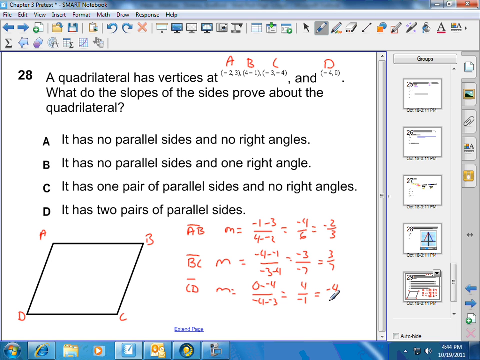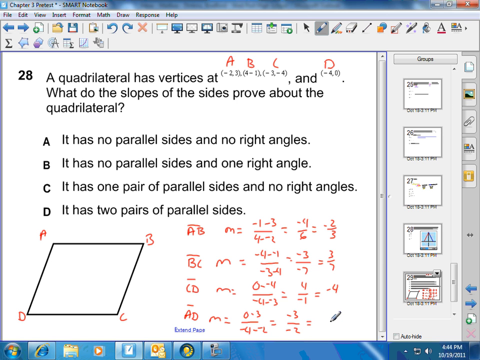Okay, it doesn't look like we have any rectangles or squares here. Then finally we've got AD. For AD, I'm going to do 0 minus 3 over -4 minus -2. And I have a -3 over -2.